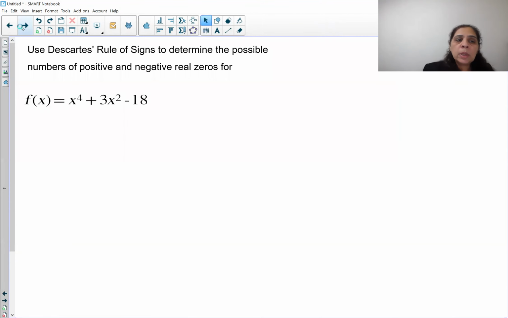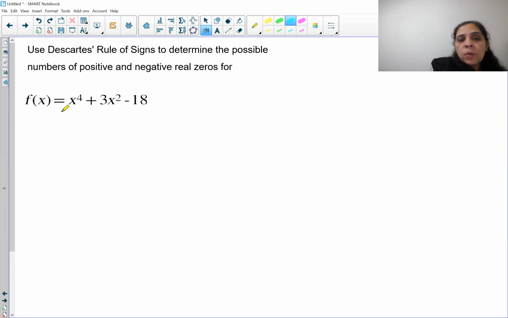Here we have used Descartes' rule of signs to determine the possible number of positive and negative real zeros for this. So first step, we will check whether the given function is in descending order. So it's already in descending order. Then we will check sign changes.